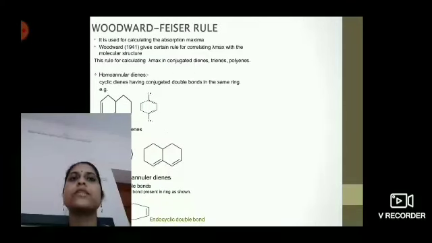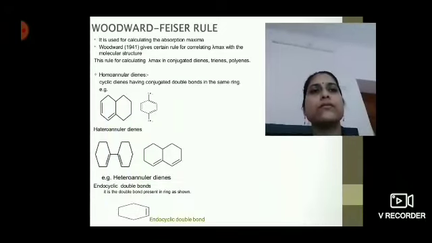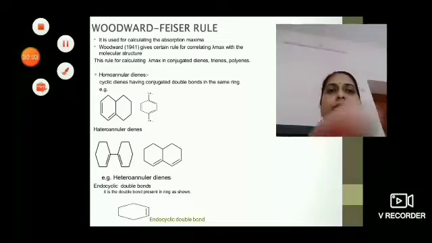Now coming to the lambda max calculation, it is performed by the Woodward-Fieser rule. What is the Woodward-Fieser rule? Actually, Woodward and Fieser have given some numerical values for some classification.